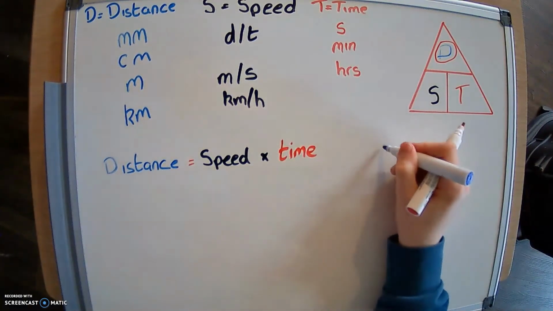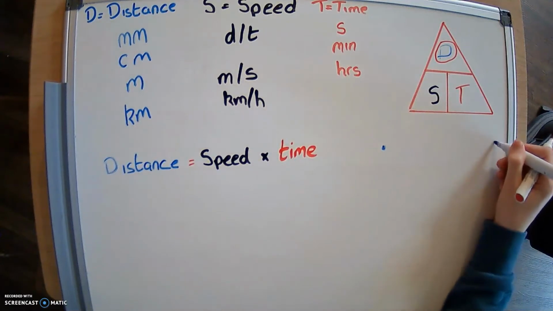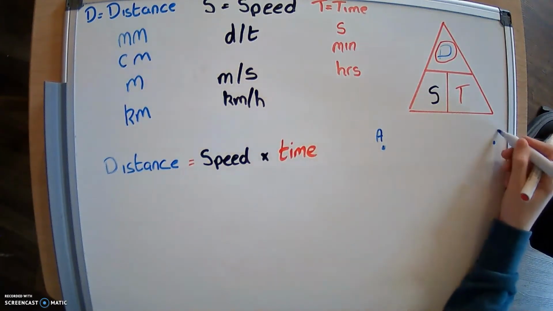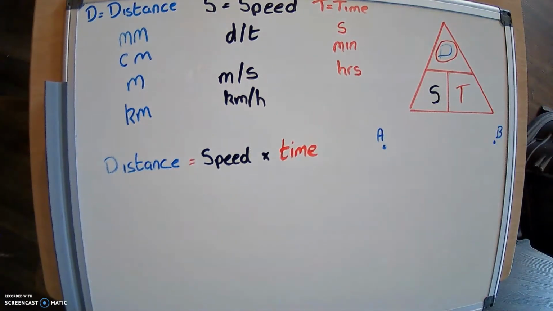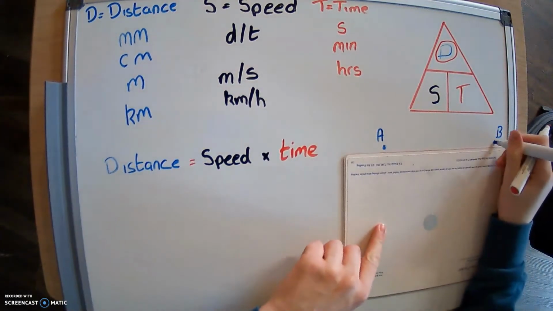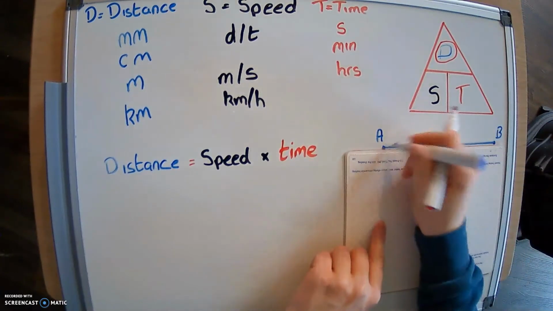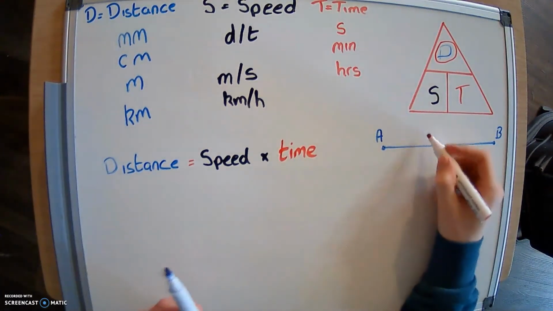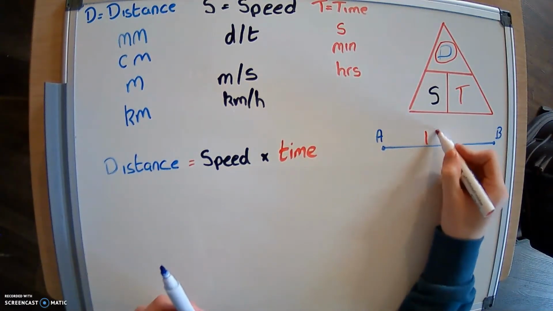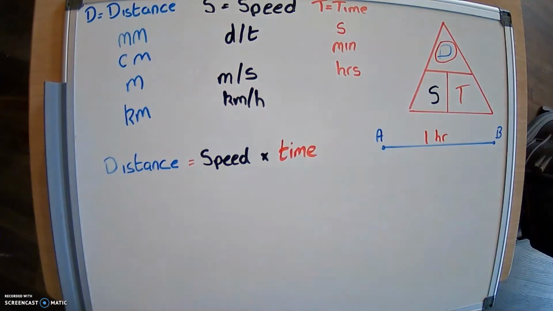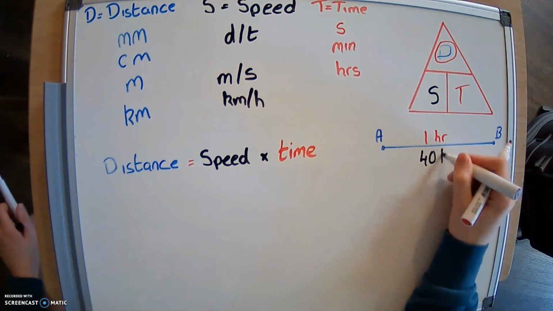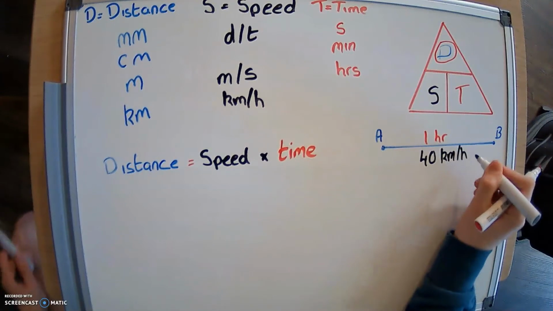So to put that into a question now, I'm driving a motorbike and I'm going from point A to point B. It takes me 1 hour to complete my journey, and I'm going at an average speed of 40 kilometers per hour.